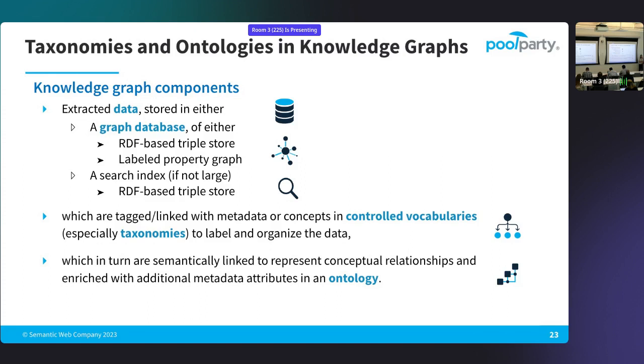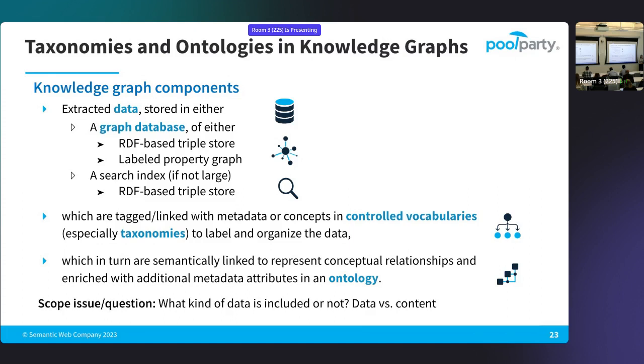And then these are linked with metadata and controlled vocabularies, especially taxonomies, and then these are connected with an ontology. Sometimes people have even said that the role of an ontology is to connect multiple taxonomies together. I've actually heard people say that. Well, yes, that's not the only way an ontology is used, but that's one possible way to do it.